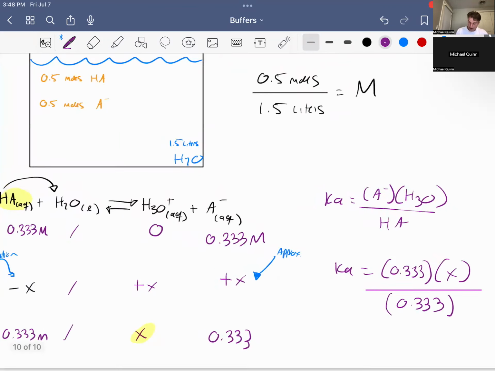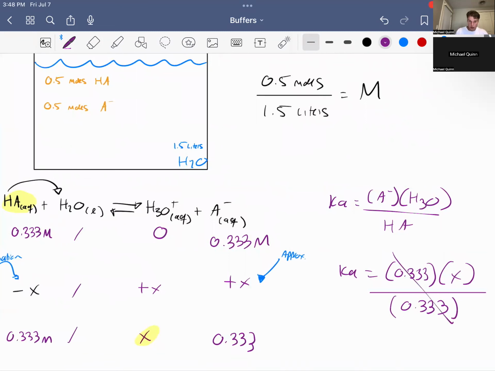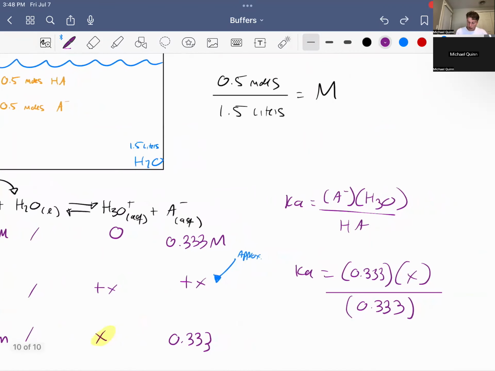Now, if we had the Ka value, we could simply just cancel out this 0.333 on the numerator and denominator. It's not always going to work out like that, but it did this time. So if we had the Ka, we could solve for X and simply take the negative log of that, and that would be our H3O, and that would give us our pH.